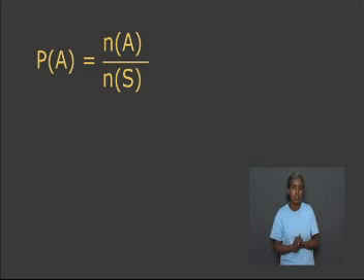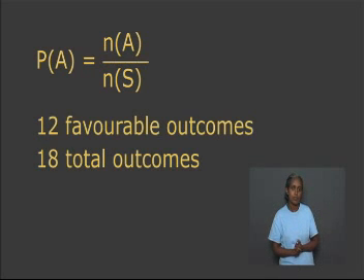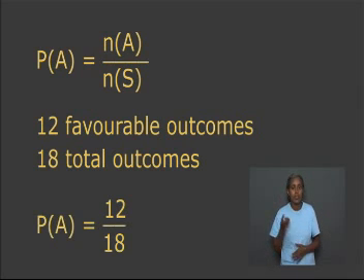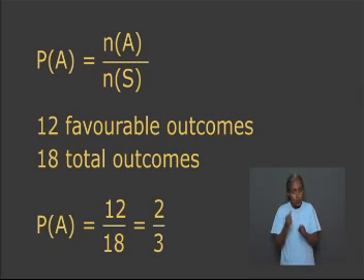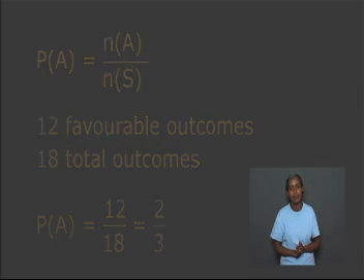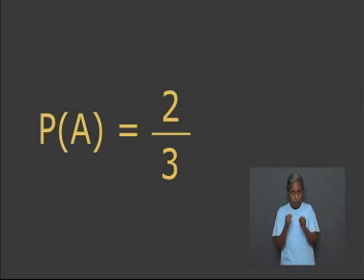Of those, 2 of the balls are purple and 10 are green. Together, that makes 12. So, of the 18 balls in the bag, 12 are favorable choices. 12 over 18 has a common denominator of 6, which makes 2 over 3. The probability of a favorable outcome is 2 in 3.